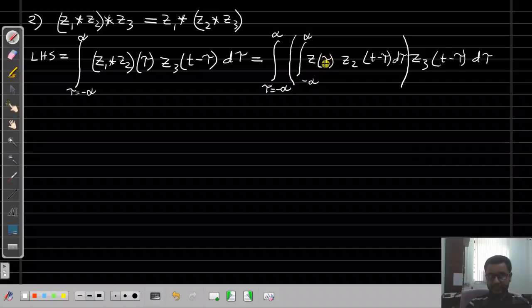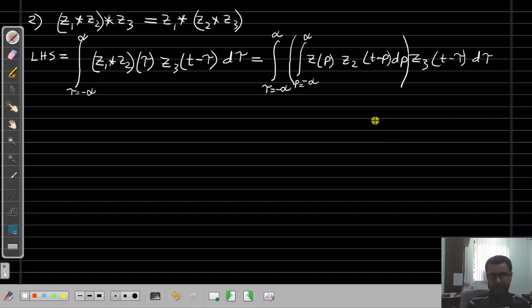One problem is that here I have tau and outside another tau, which is confusing. Therefore I shall replace this inner tau with another variable, say p and p. Anyway, this is a dummy variable. After integration it will vanish, so the name doesn't matter, so I can call it p.